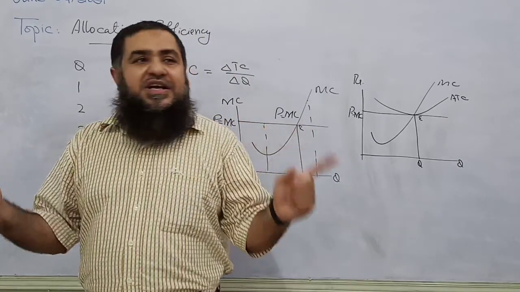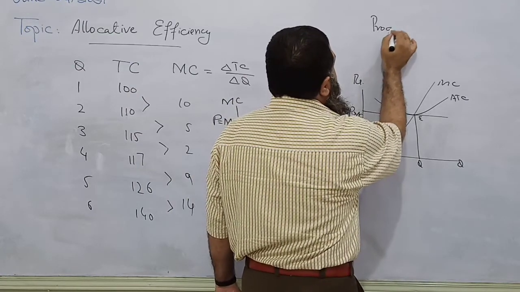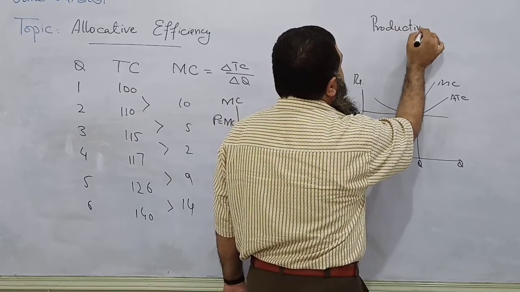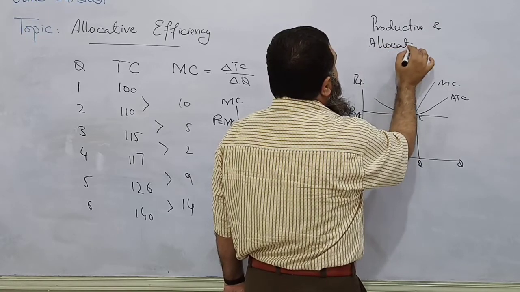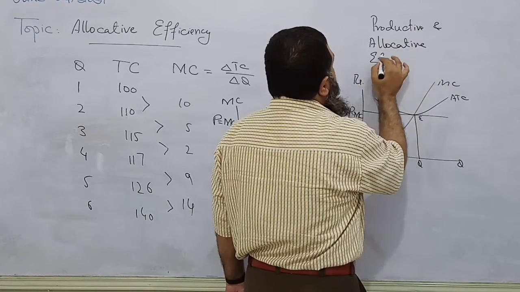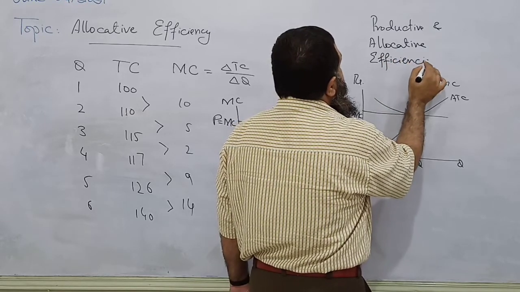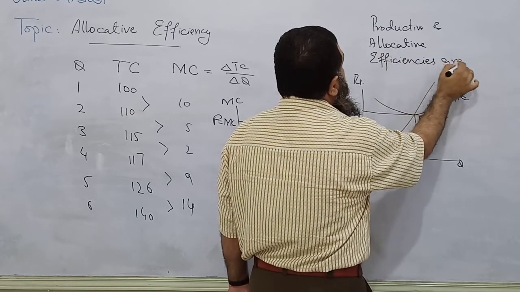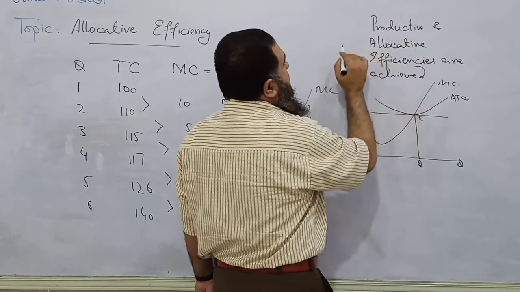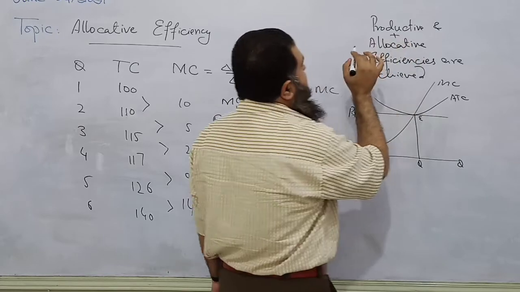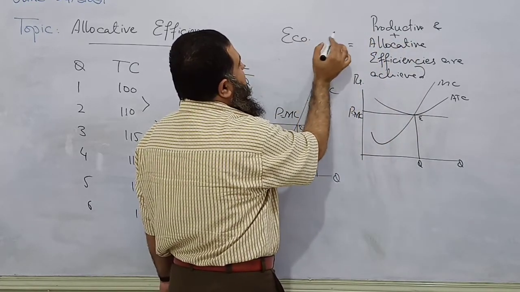So both the conditions of productive and allocative efficiencies are achieved. So can I say this is productive and allocative efficiencies, this is equal to what? Economic efficiency.